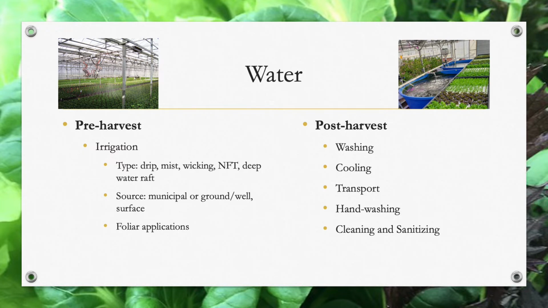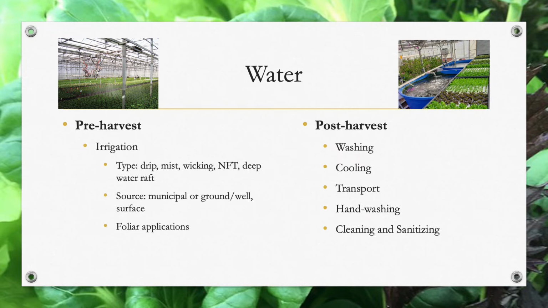And then surface water, generally nobody's pulling from a stream or a river to irrigate in a greenhouse. However, some folks do have ground or well water that they pump into a retaining pond before they pump it into the greenhouse. And that is a higher risk because for a certain amount of time, that water is exposed to the environment, to animals, to potential human pathogens.